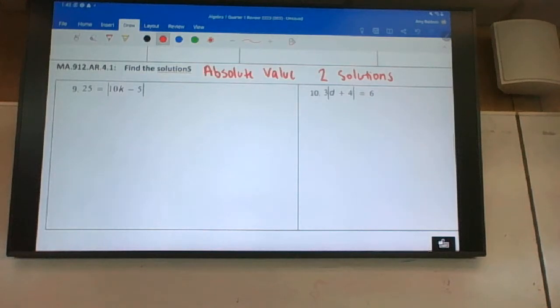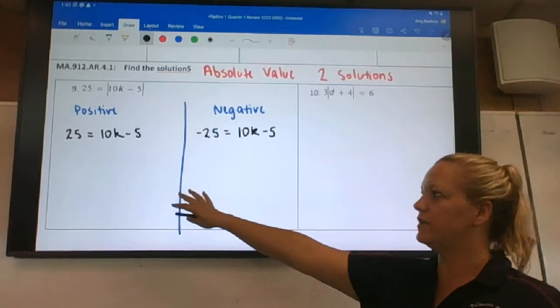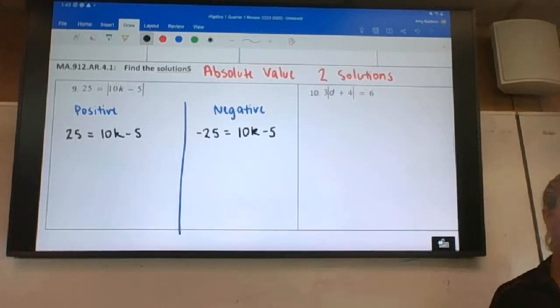So I'm going to set up two problems here, a positive scenario and a negative scenario. I'll solve this problem with the 25 just like it looks, and then I'm going to do it again, but I'm going to make the 25 negative. So you have to know to set up two different questions for absolute value.